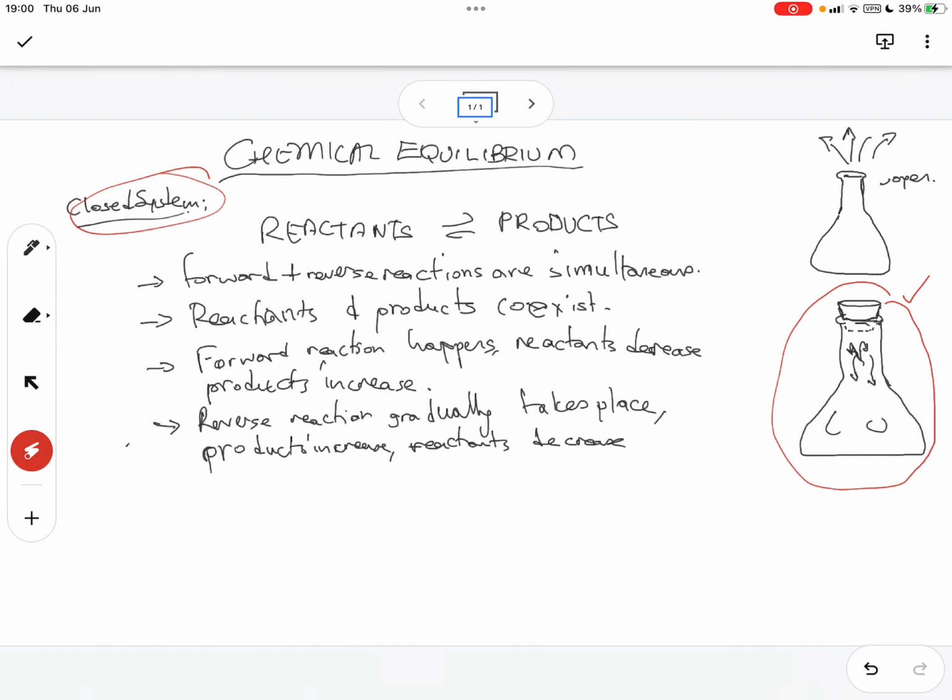Something goes down in number, then the other has to increase.